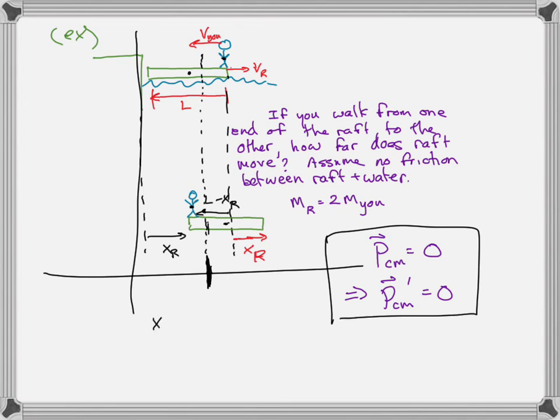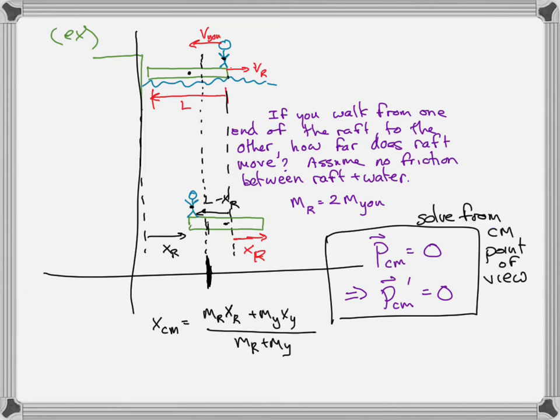So that means if the center of mass doesn't move, we can write down the center of mass before you go anywhere. So we're just looking at the top picture. That's the center of mass of the system. It's going to be the mass of the raft times the position of the center of mass of the raft. Let's call x equals 0 at the dock.